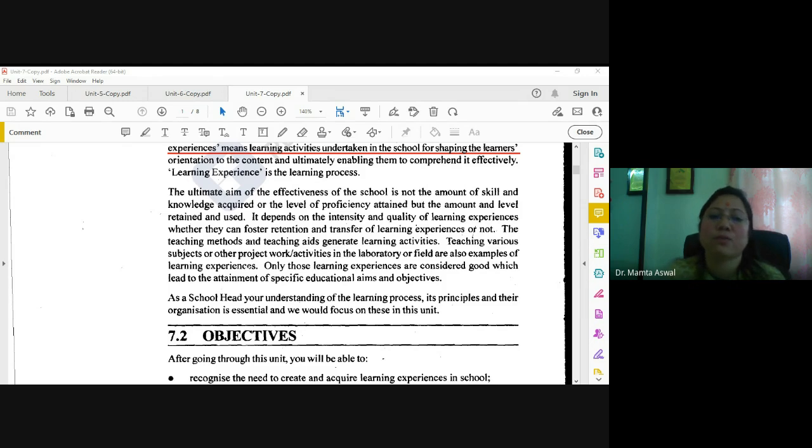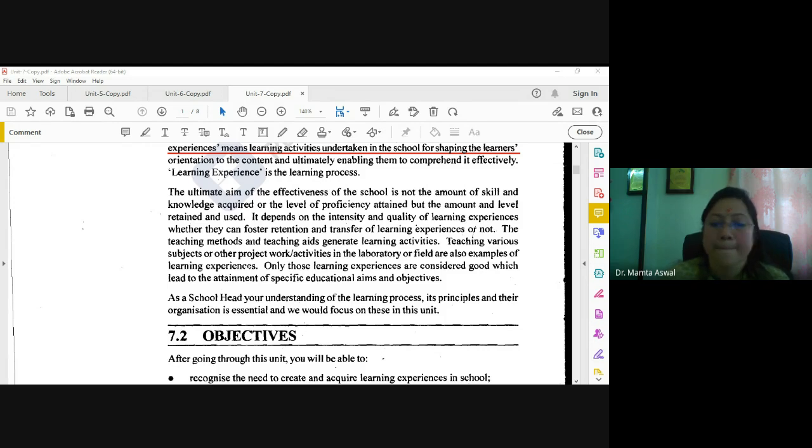So they work together in a cooperative manner, they coordinate, they help each other. So they are getting experiences of how to work together, cooperate, coordinate and work in teams. These are the experiences I'm talking about. This is an experience which is not inside the classroom, but the child is having it. So that must be taken care of.